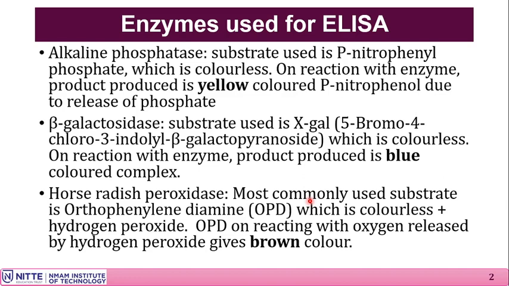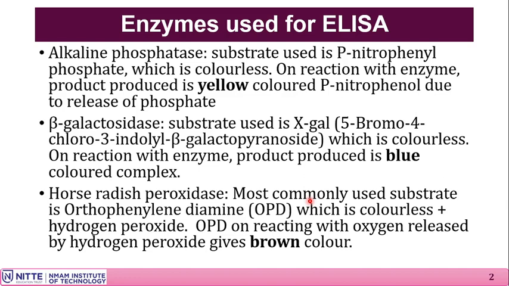The horseradish peroxidase reacts on hydrogen peroxide and cleaves it and produces oxygen. The molecular oxygen released due to the action of the horseradish peroxidase will react with orthophenylene diamine and oxidize it into a brown colored complex, and the brown color can be measured at 540 nanometers.